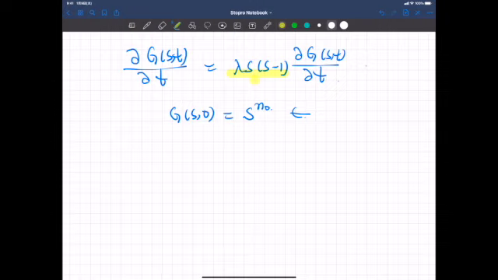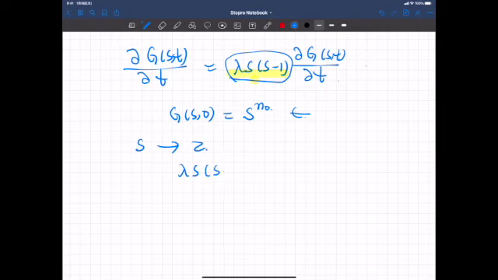To do so, we change the variables from s to some other variable, let's say z, to get rid of this term. So this is how we do it. Suppose this term, lambda s times s minus 1, can be expressed as the derivative of s with respect to the new variable z.